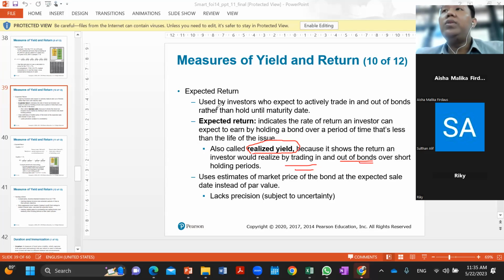It uses estimates of the market price of the bond at the expected sale date instead of par value. So we are going to estimate the market price and try to make a decision based on it.